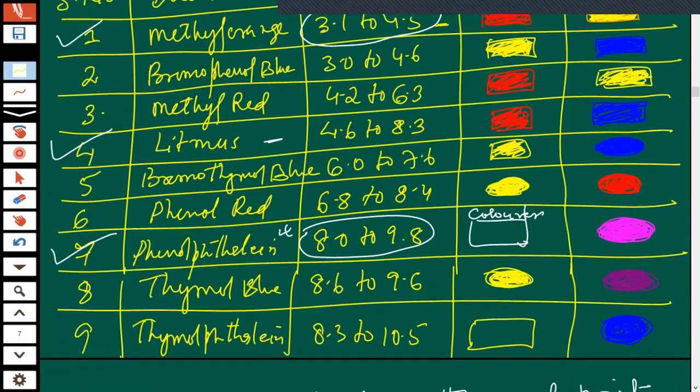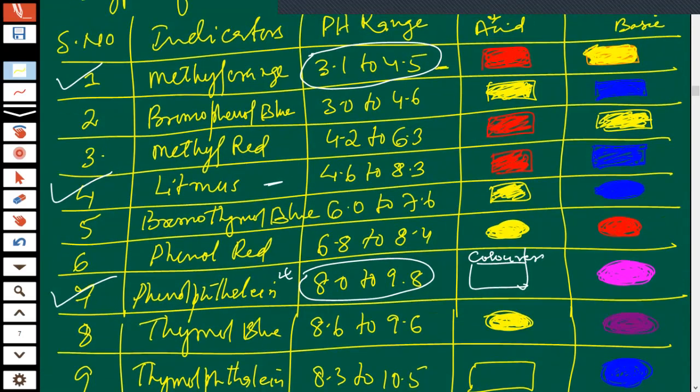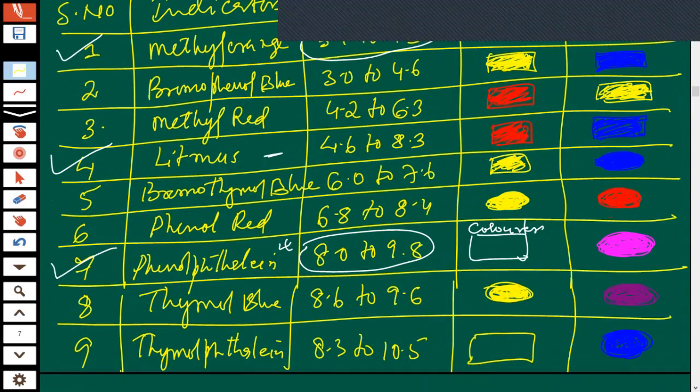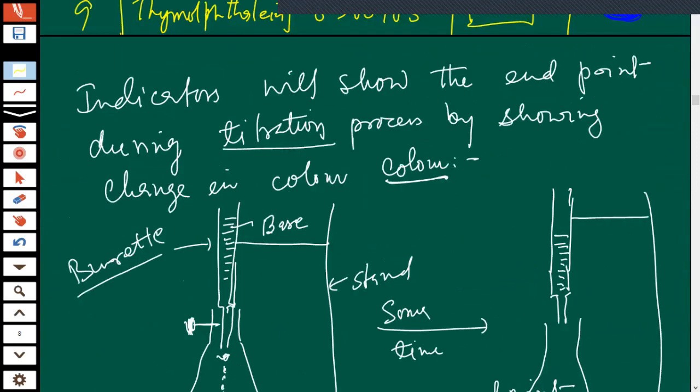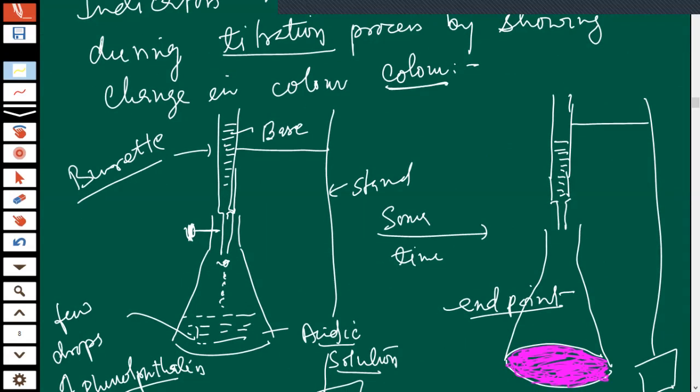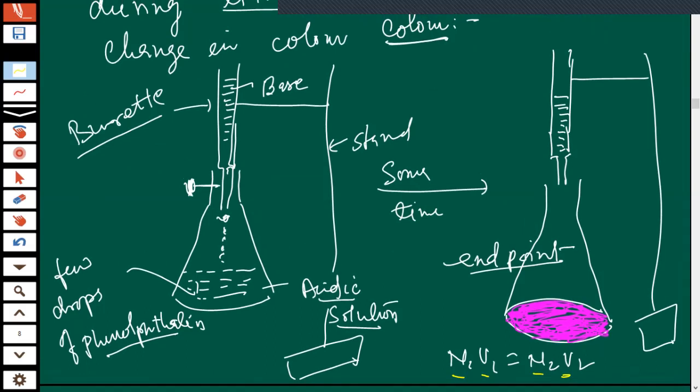Phenolphthalein is very nice. In acidic medium it is colorless, and in basic medium it is pink in color. Now here I have shown that the indicator will show the end point. This is known as the titration arrangement, children.